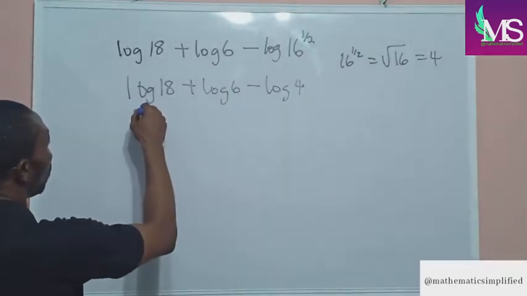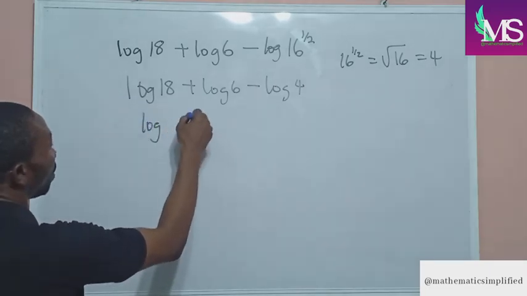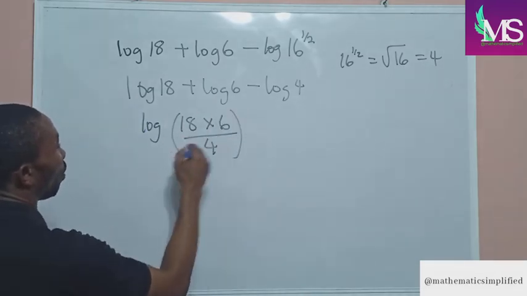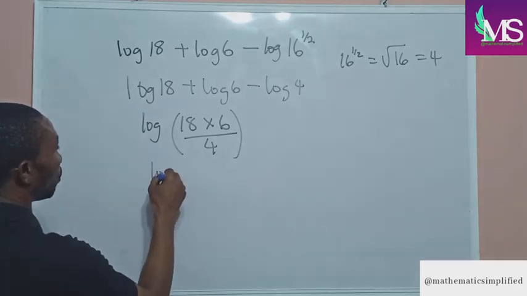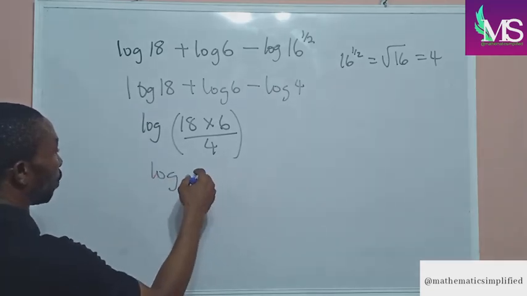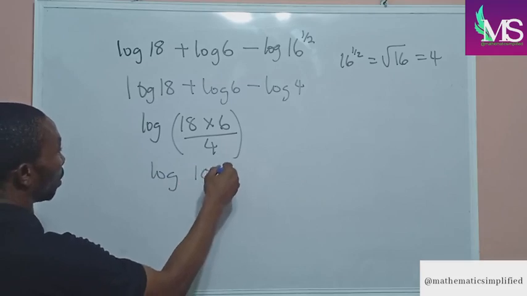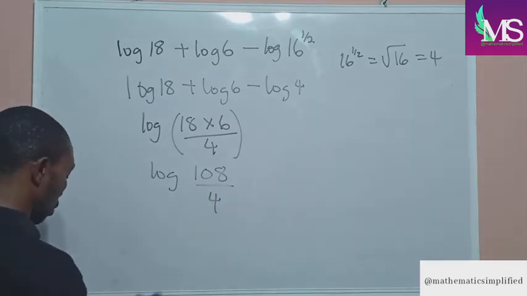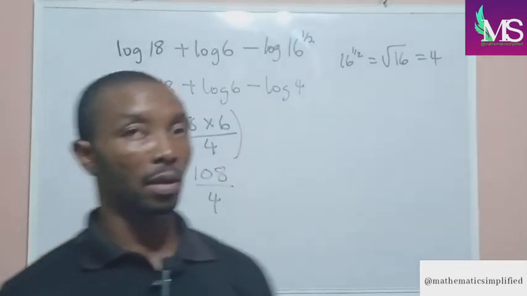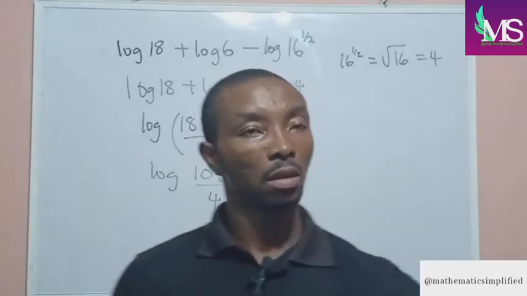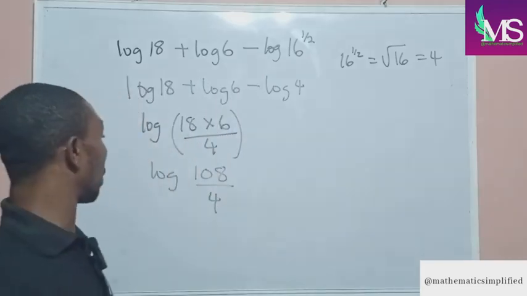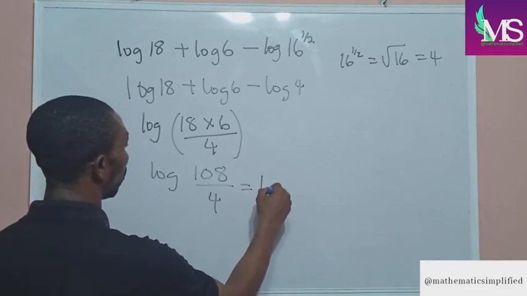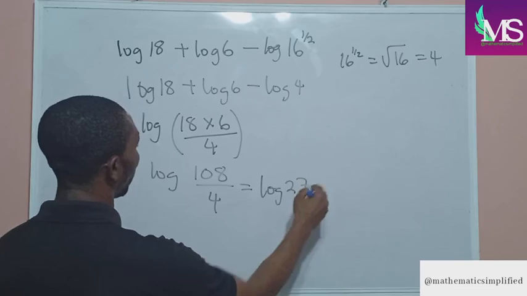So this becomes log of 18 times 6 divided by 4. 18 times 6 will give us 108, divided by 4. 108 divided by 4 will give us log 27.